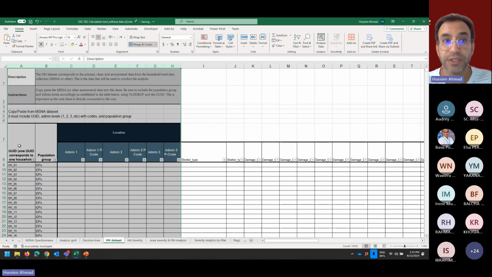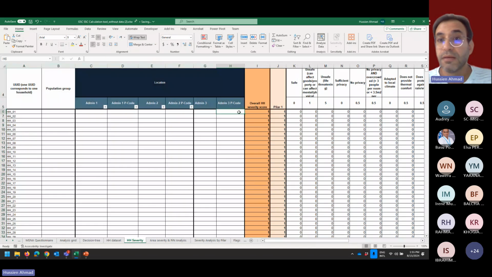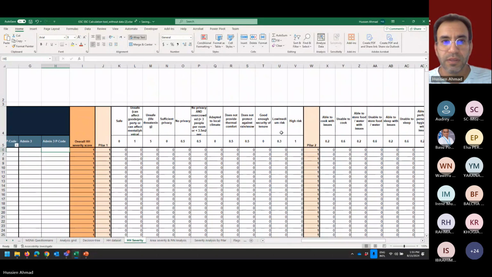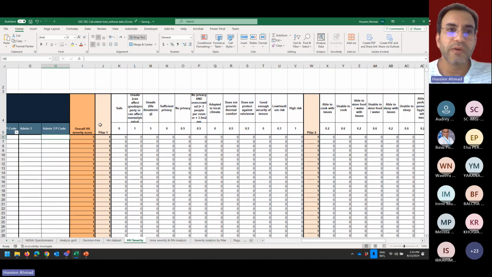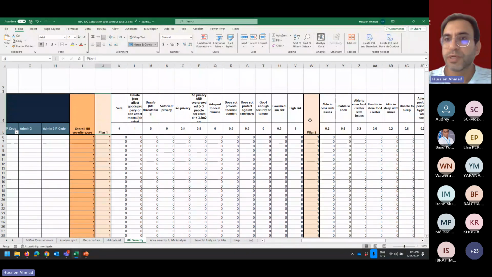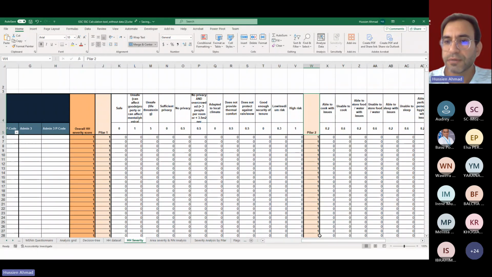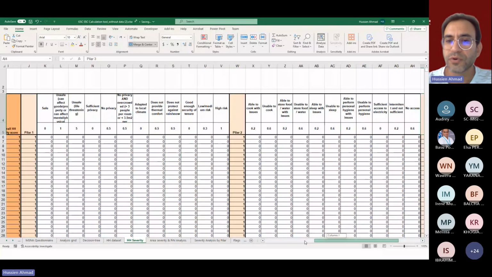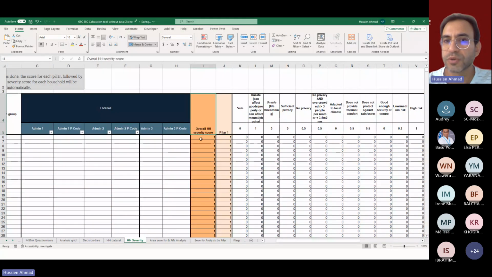So they are the ID of the household, population group, and the admin 1, 2, 3 with the P codes. What we have here, we have pillar 1 score, pillar 2 score, and pillar 3 score, and an overall score for each household.